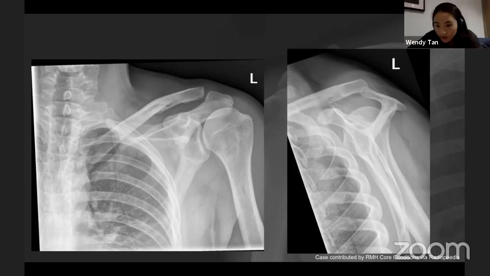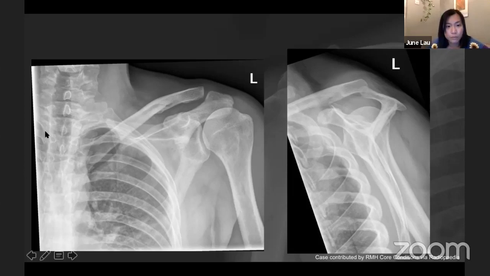So someone said AC joint rupture, posterior dislocation, subluxed AC. Yep, so there is a subluxed AC. It's not fully ruptured, but I will give you that it does look subluxed. That's not the main thing though.